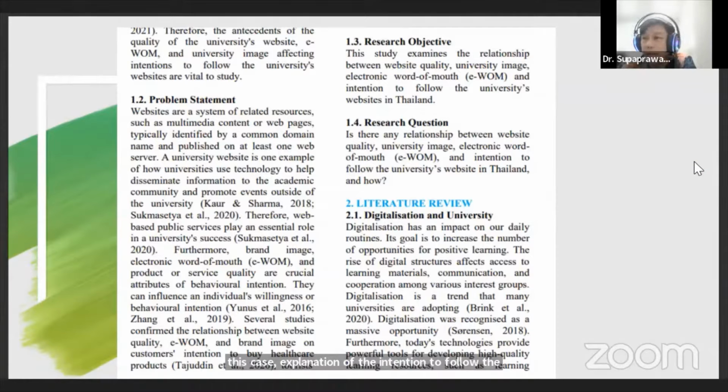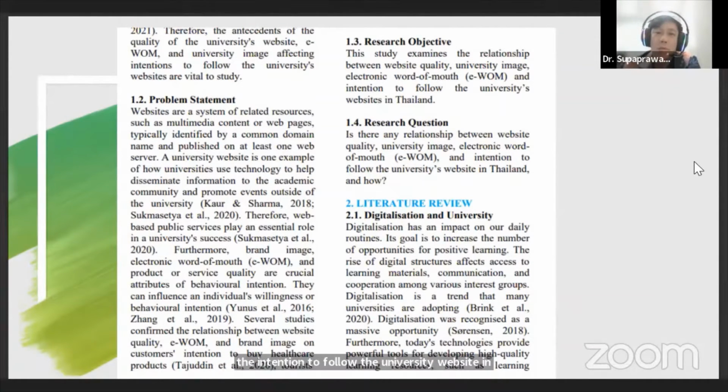It is the decision to study quantitatively the variables that explain or describe the intention to follow the university website in Thailand.